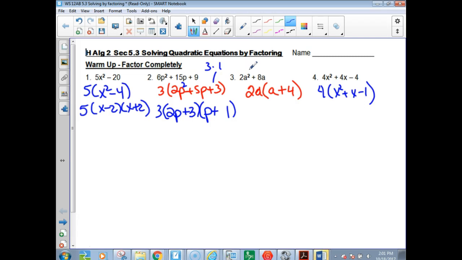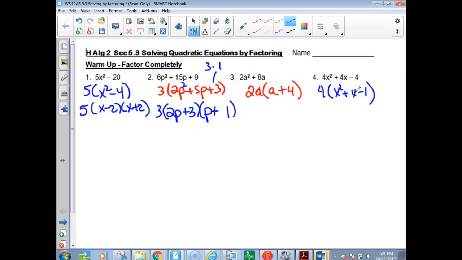Meaning, I can't divide this term by 4, so no. There's no 4 on the a. Okay? Do you get what I'm saying? These are like 1a plus 4a. So you can't simplify that, nor can you factor anything away because they have no term in common.